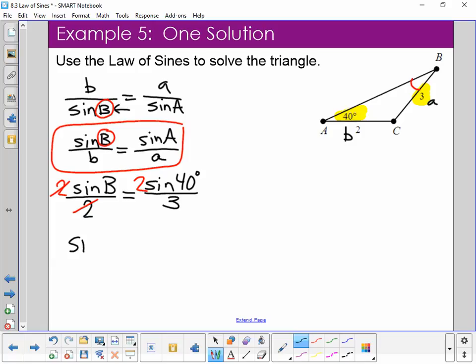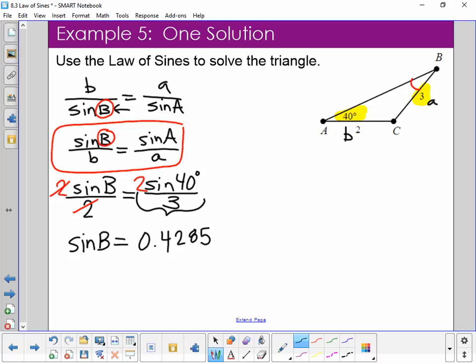So I have the sine of B is equal to 2 times the sine of 40 divided by 3, and my calculator tells me that's 0.4285. Now that's the sine of B.